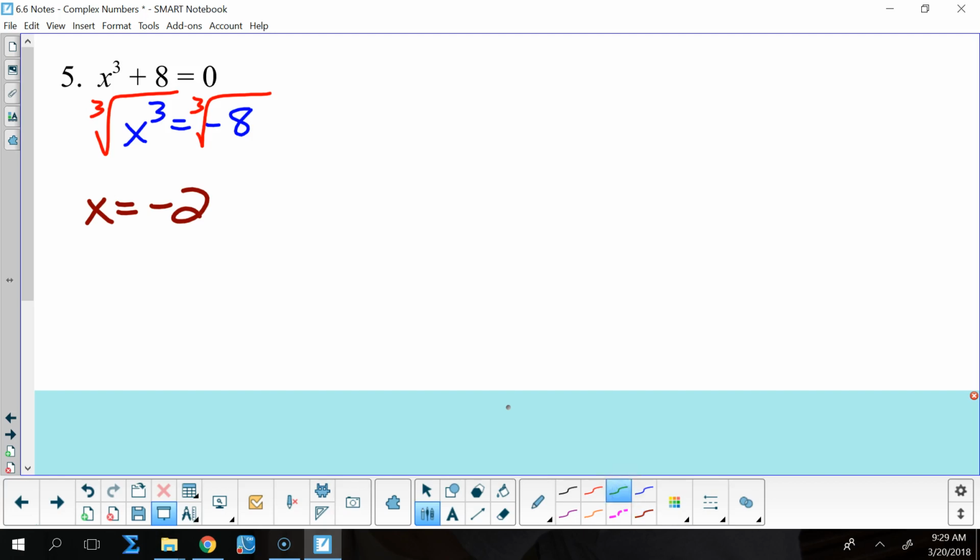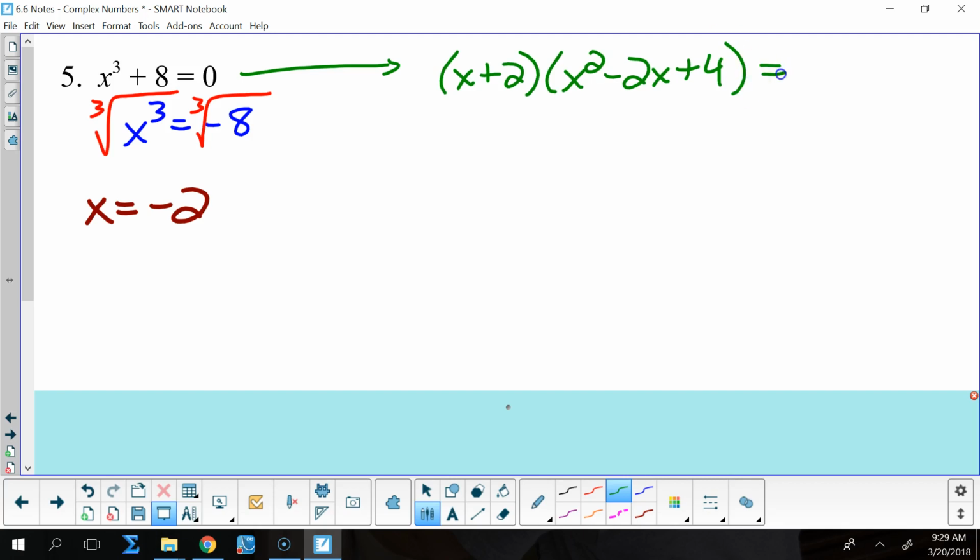Okay? So if I remember back to my Algebra 2 days, when we had difference and sums of cubes, right? And the factoring, this would be x plus 2 times x squared minus 2x plus 4 equals 0.